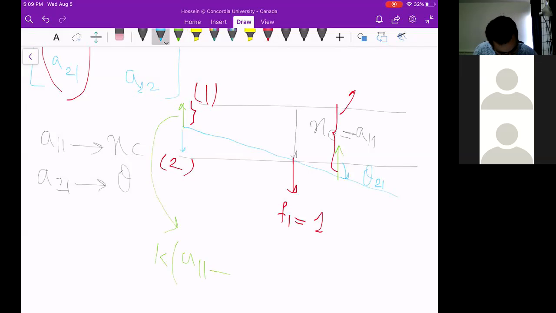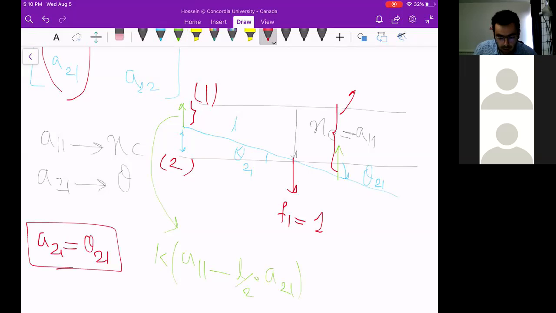This length is half L multiplied by A21. A21 is theta 21. It's basically just theta.